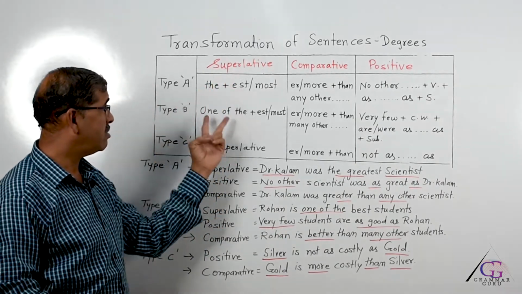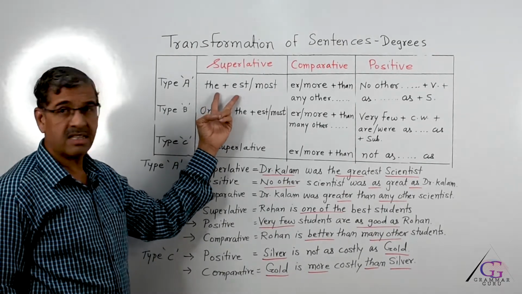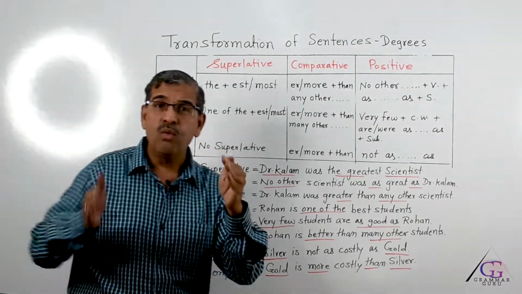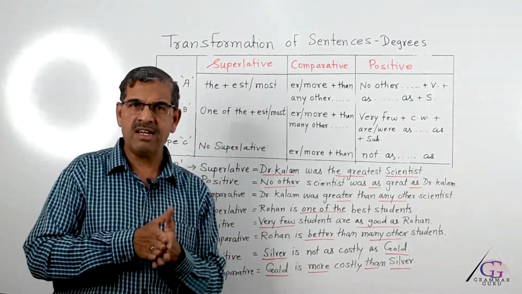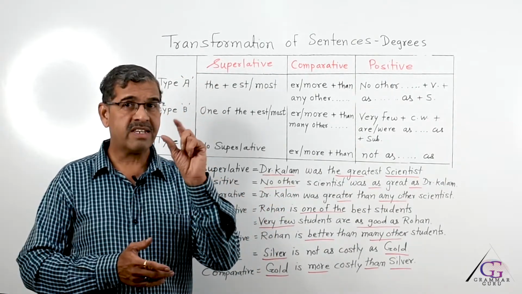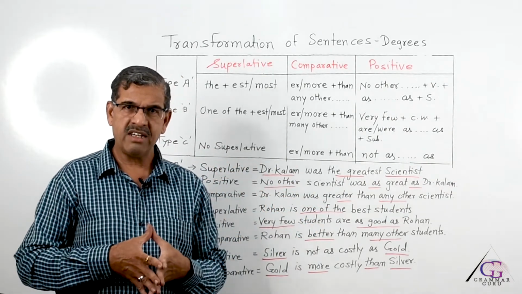In superlative, type A and type B have a major difference. In type A we say "the -est", whereas in superlative type B it is "one of the" plus "-est" or "most". I told you in the earlier part also what is the difference between "the -est" and "one of the -est". In type A only one noun is there, it is almost not comparable to any other in that class.